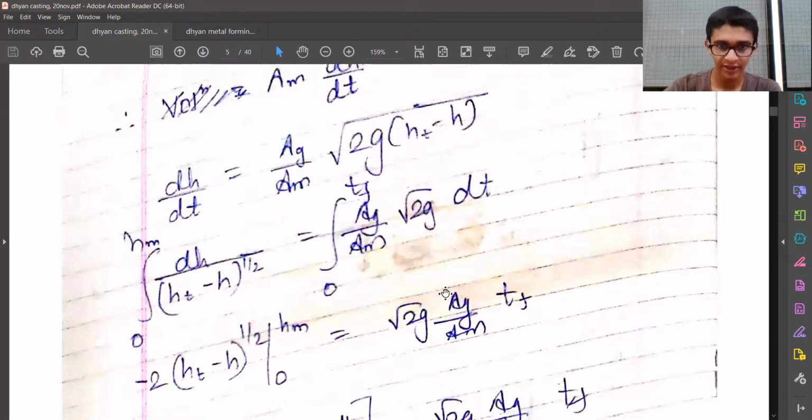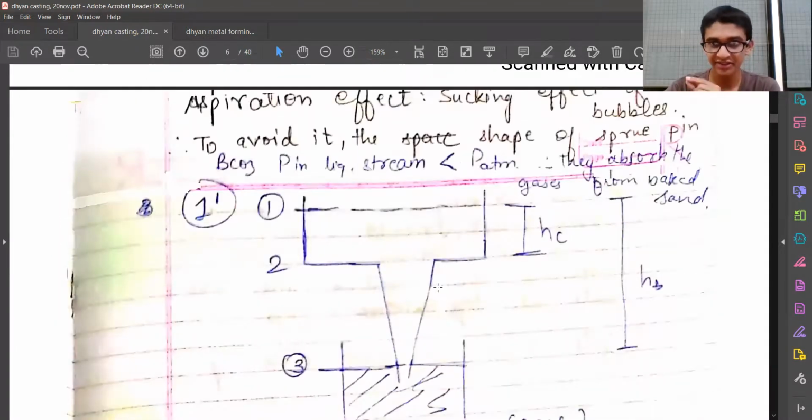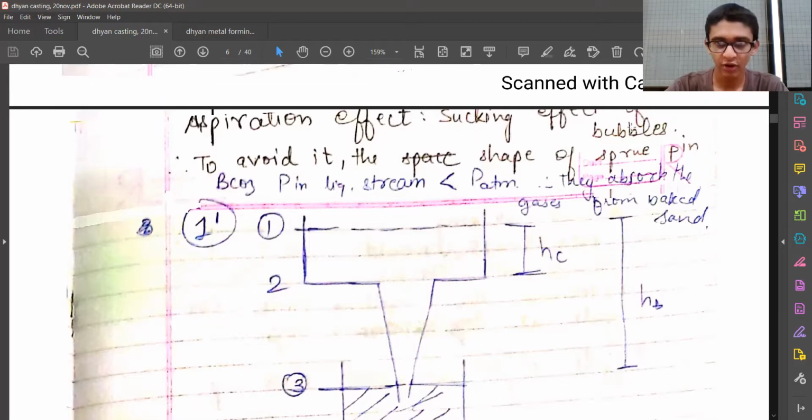So to counter that effect, the pressure which is getting negative, we are going to have a special kind of design, which is a tapered or a draft. The thing which is going to happen is called the aspiration effect, which is the sucking of bubbles. The bubbles which are formed inside the mold are bubbles of vapor.